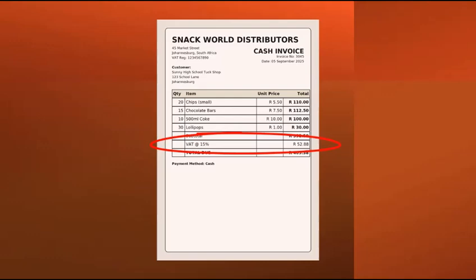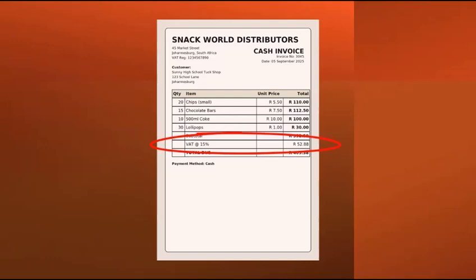If the tuck shop weren't registered as a VAT vendor, then we would not have been able to claim the value added tax back, and then our inventory would have been recorded as 405 Rand and 38 cents. But since the tuck shop is registered as a VAT vendor, we can claim it back.